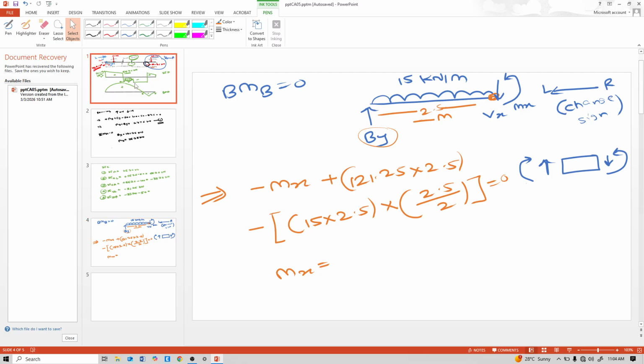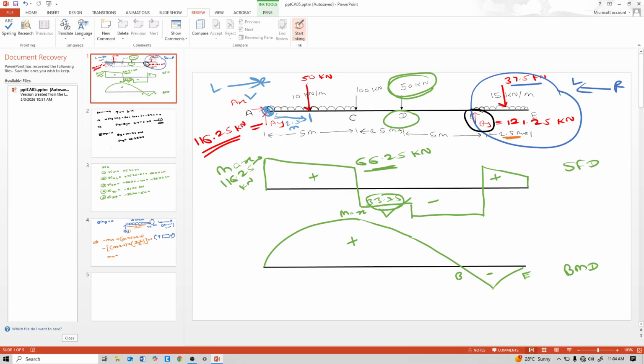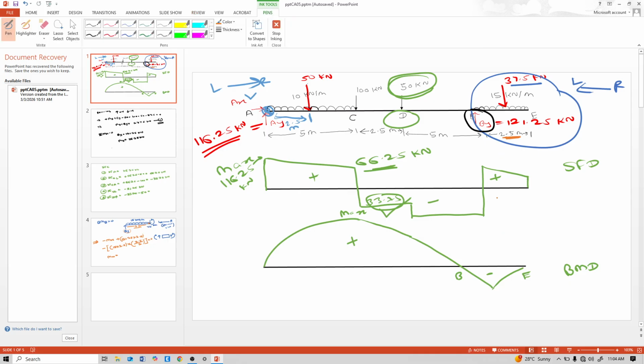Our need is to calculate bending moment here at this point, because this is the cantilever end and it is zero moment here, and for moment calculation at this point we need to consider all this side beam. Here we only considered this portion, so that's why our calculation is wrong.